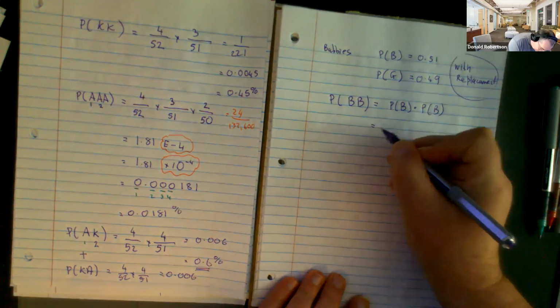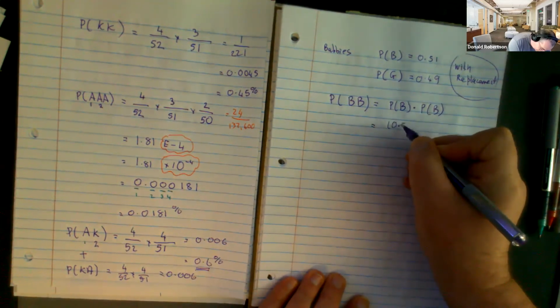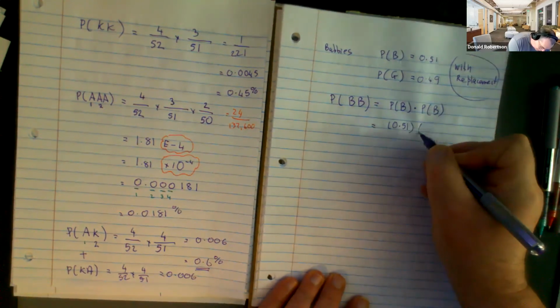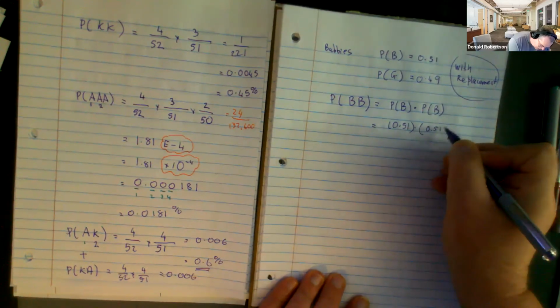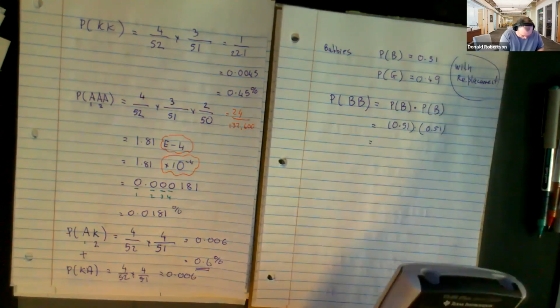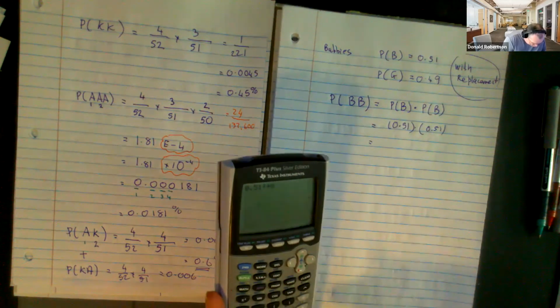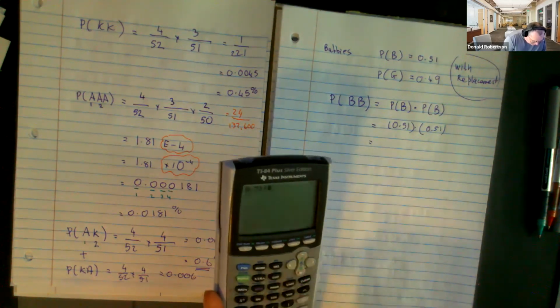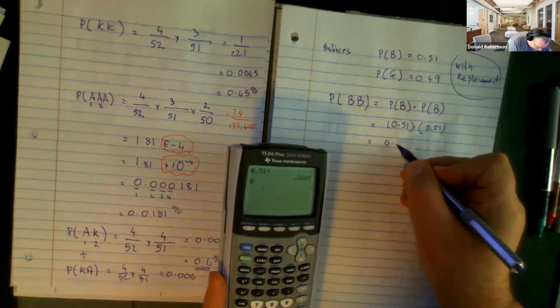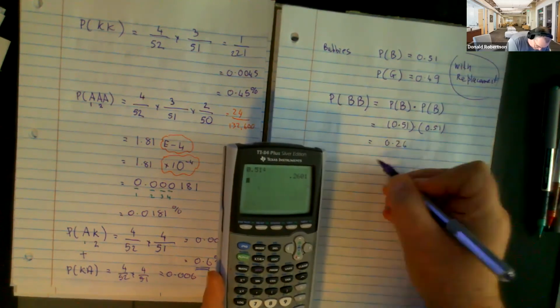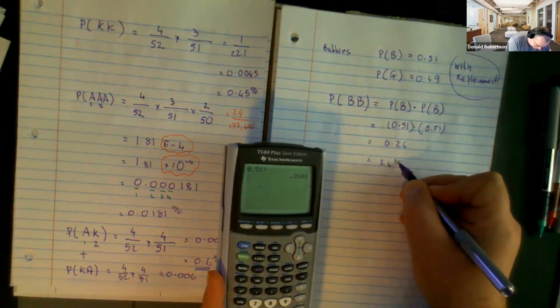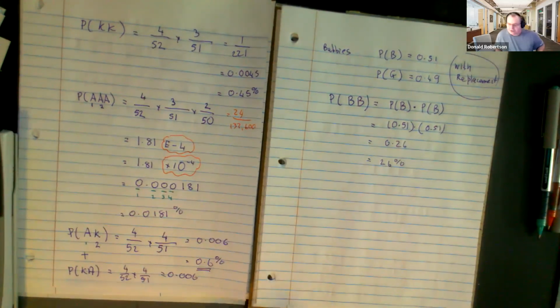And for a boy, that's 0.51 times another 0.51. And these are all going to be decimals. So I'm going to go 0.51 and, oops, the answer I get is 0.26. Let's say they want the answer to two decimal places. So there's about a 26% chance that you get two boys.